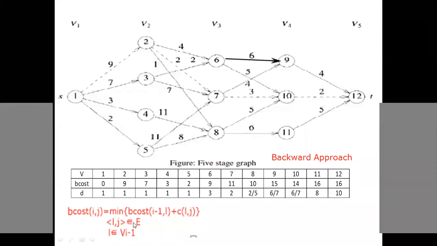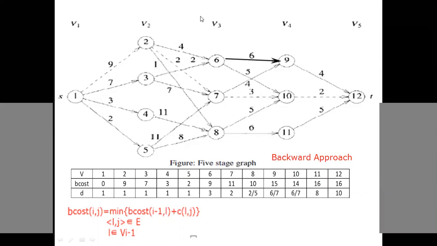This is the basic formula of backward approach. Before explaining it, I will generate one formula based upon stage 4 and vertex 11. I will compare that one with this one, so that it will be more clear than if I am just explaining, right?